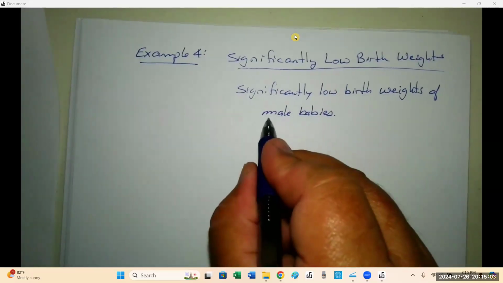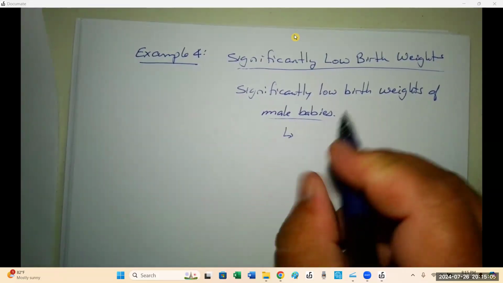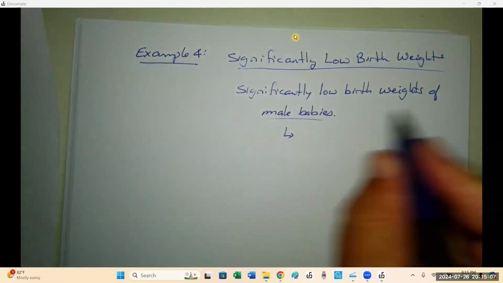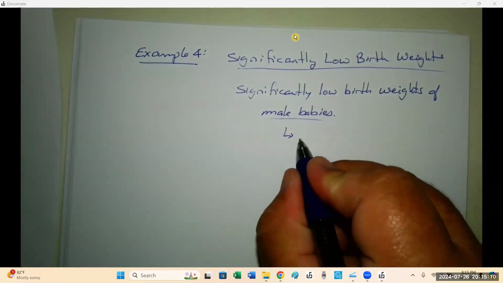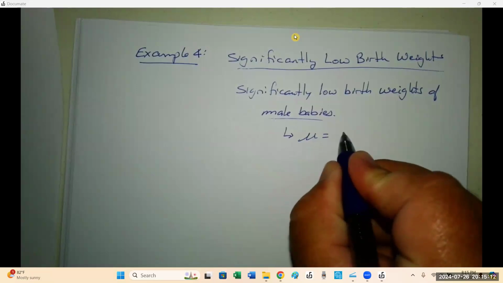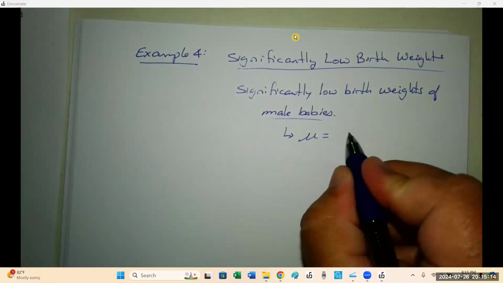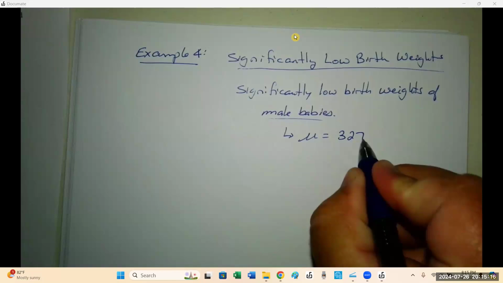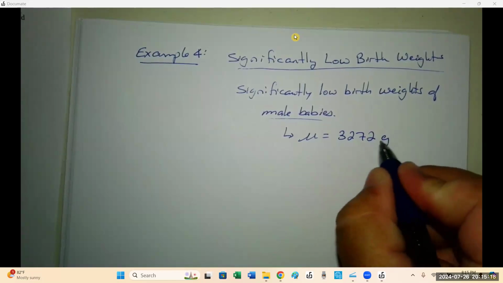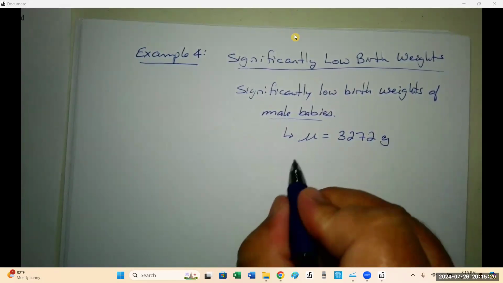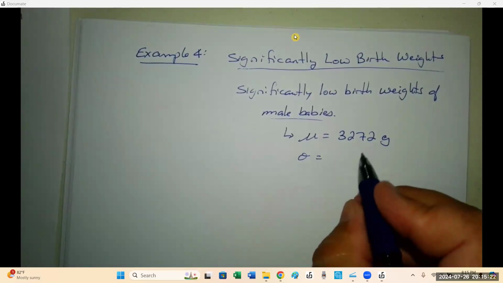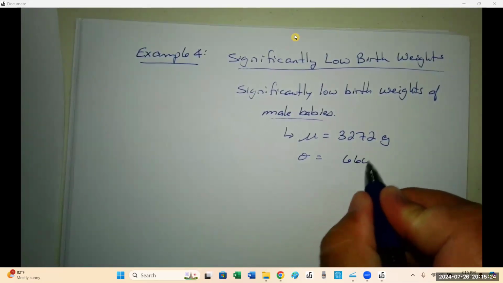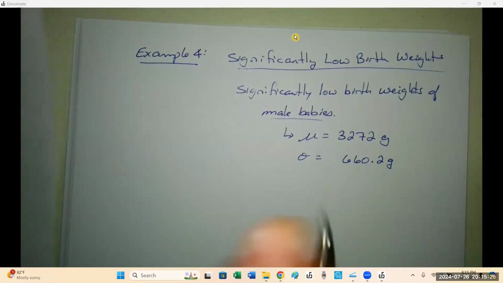So according to the data, male babies are normally distributed, and they have a mean birth weight of 3272 grams and a standard deviation of 660.2 grams.